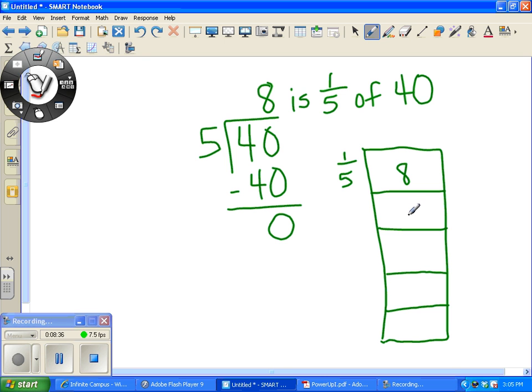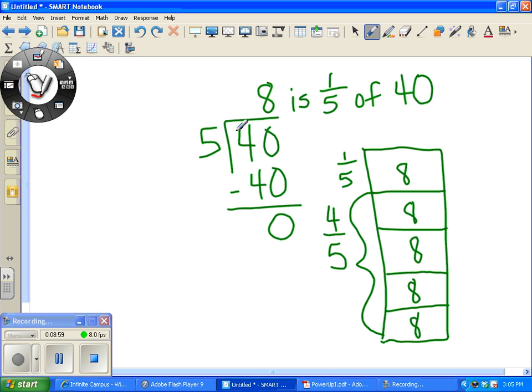It stood for 8. So I have to put 8 in each of these boxes, because we have 5 groups that have to be equal groups. They have to all be the same number. And how many are left? 4/5 are left, right?